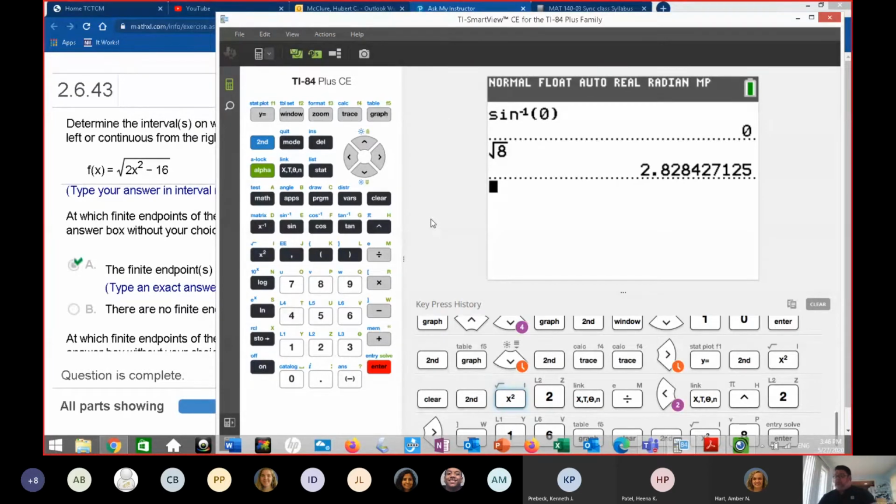Now, what's in the middle of negative 2.83 and 2.83, which is easy to calculate? 0, Hubert. That's right. So let's plug 0 into our function. Square root of 2 times 0 squared minus 16. 2 times 0 is 0, so that's going to be the square root of negative 16. Bah. So anything between negative 2.83 and positive 2.83 is non-existent.